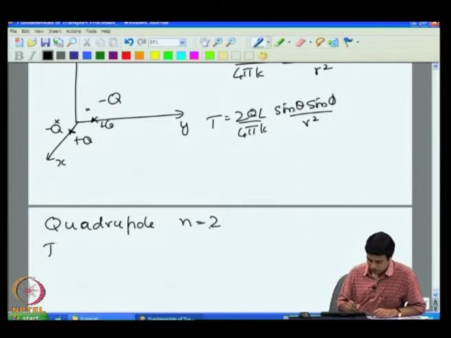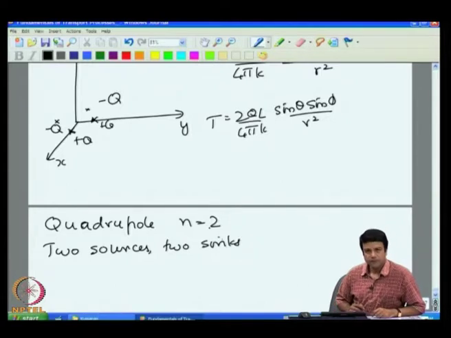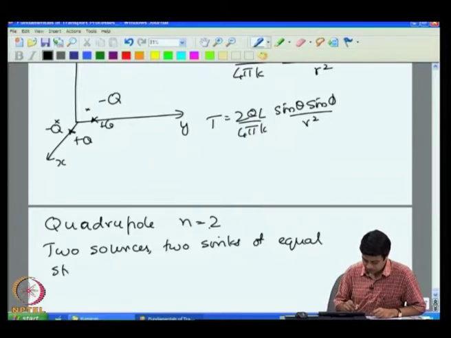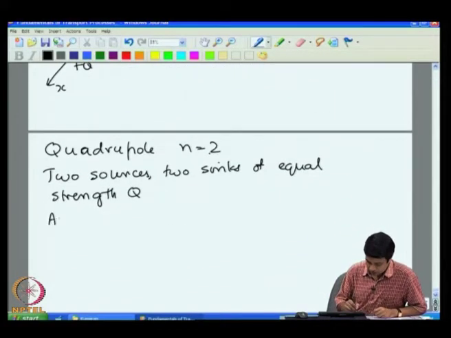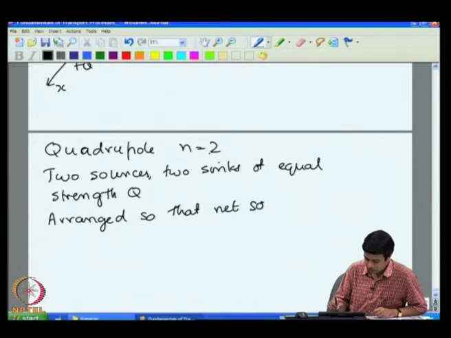You have 2 sources and 2 sinks of equal strength Q, arranged so that net source is 0 and net dipole is 0.